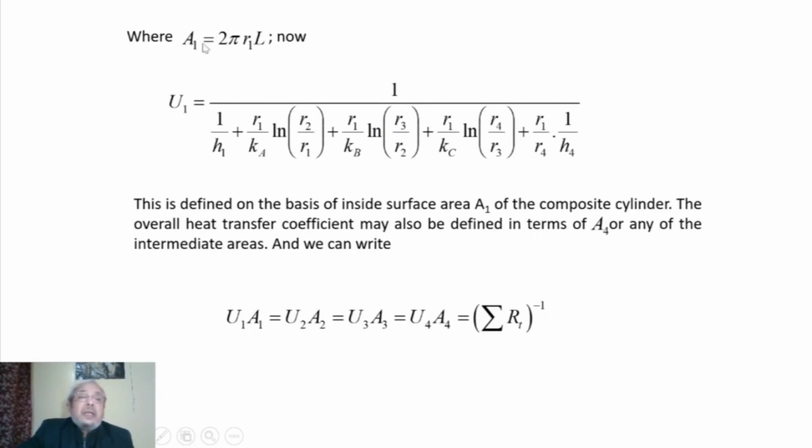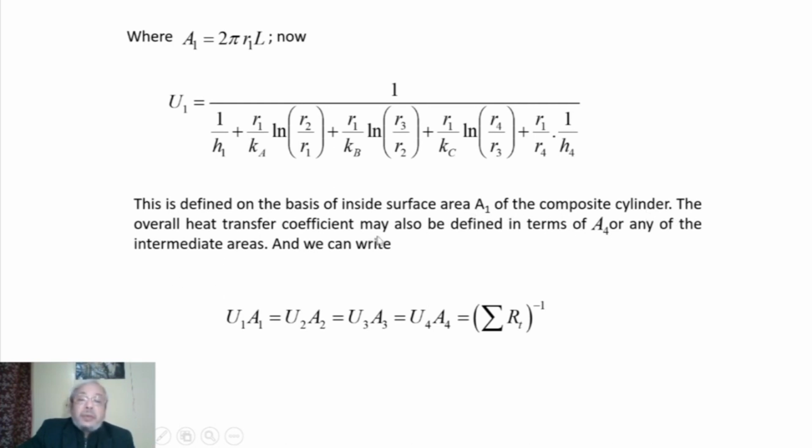Now A1 is twice pi R1 L. We bring twice pi R1 L into the denominator and simplify the terms. So this becomes the U1 expression, defined on the basis of inside surface area A1, of the composite cylinder.